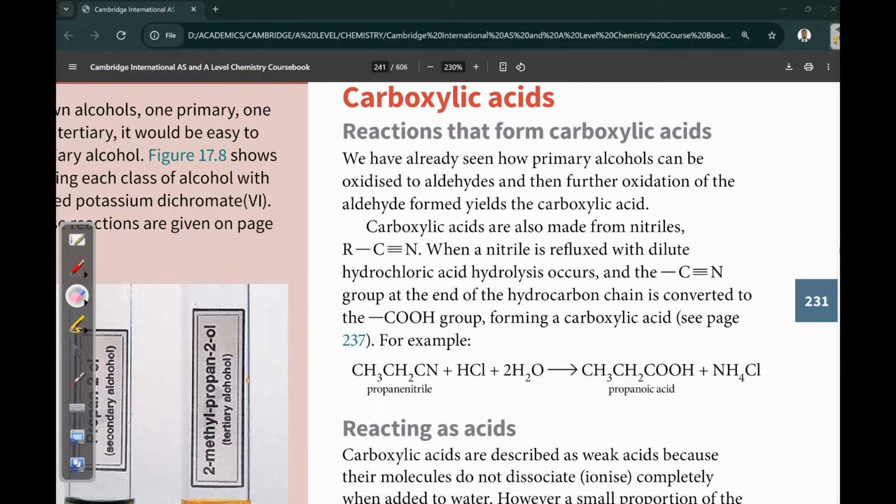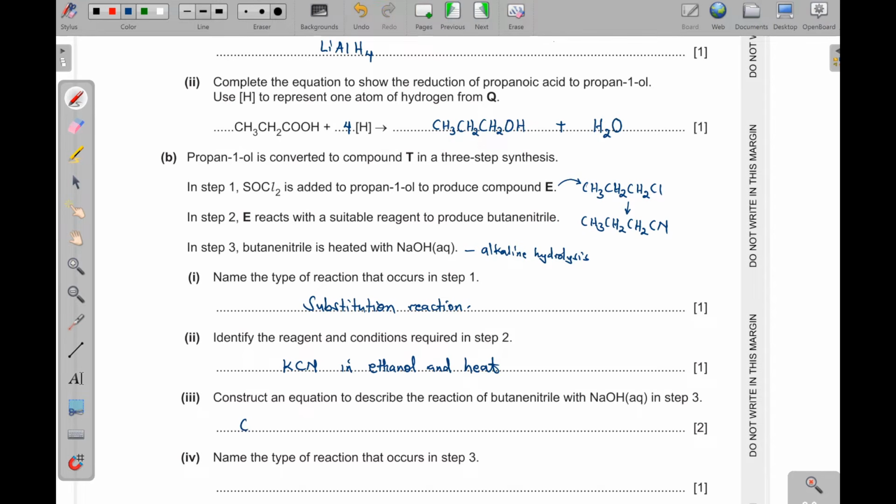Or ammonia. So I can have CH3, CH2, CH2, there's also CN, okay? Then we can add sodium hydroxide and then water.